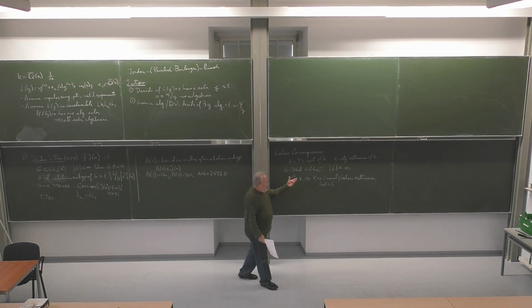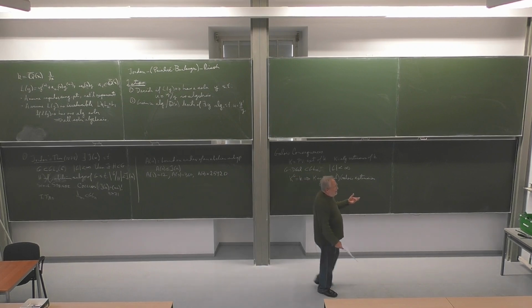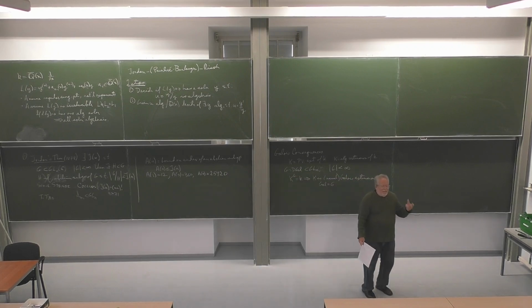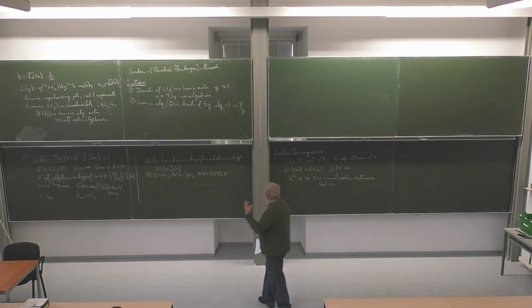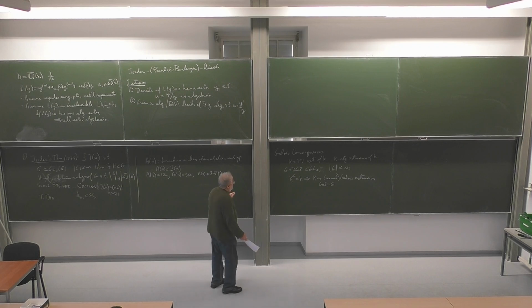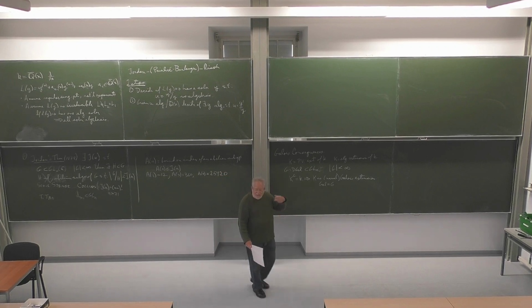You have a finite group acting on a field. Let's live in the characteristic zero case and not worry about separability. You look at its fixed field, then the field is automatically a Galois extension of the fixed field, and G is the Galois group.